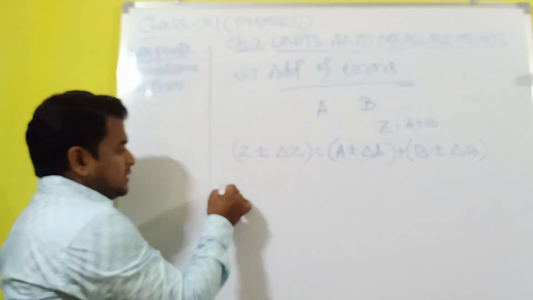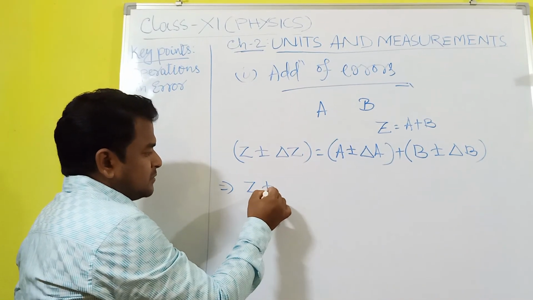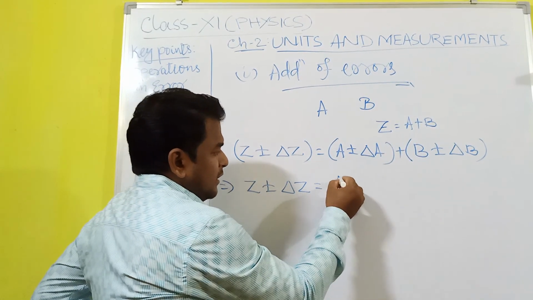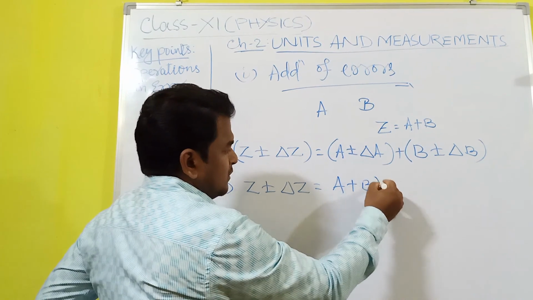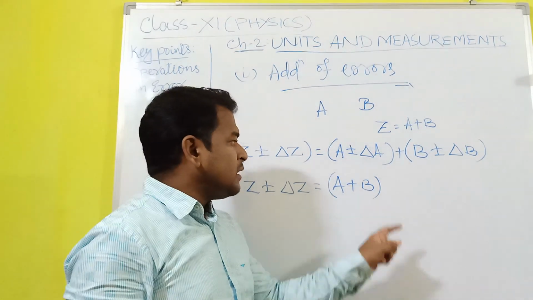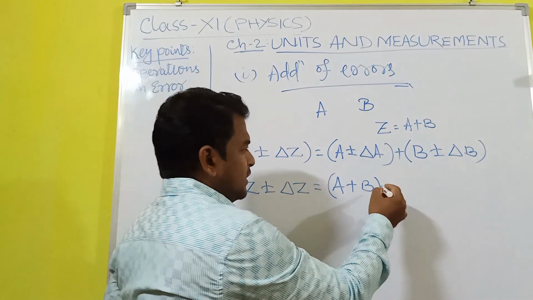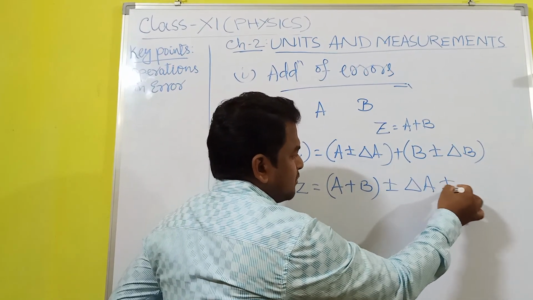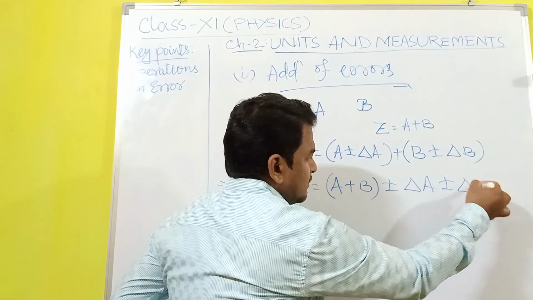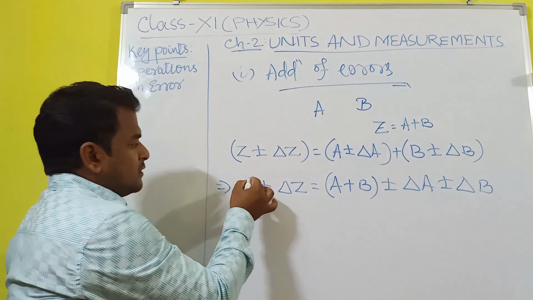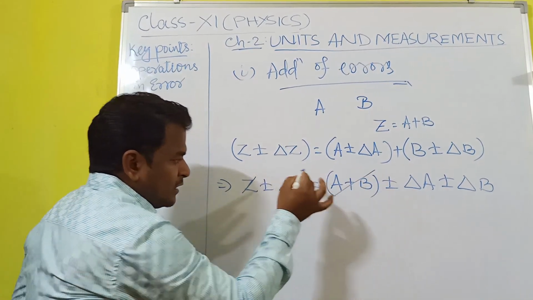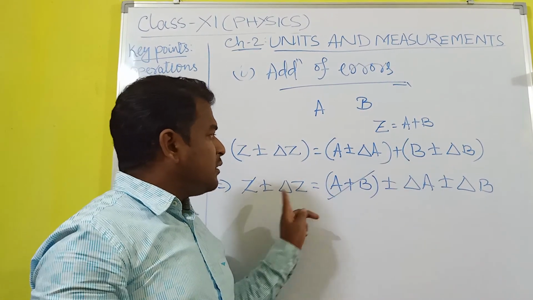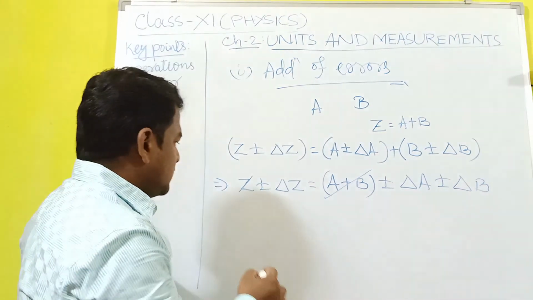Now simply we will add: Z plus minus del Z equal to A plus B, plus minus del A, plus minus del B. Here Z and A plus B will be cancelled out because Z equal to A plus B, that is given.